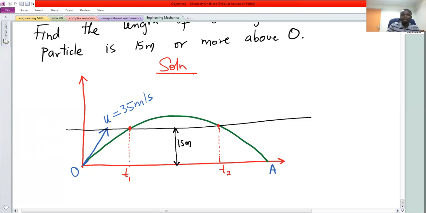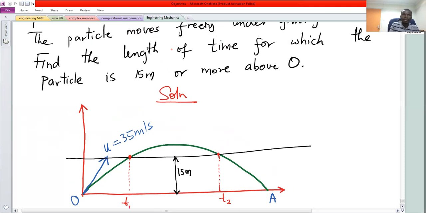To find the length of time for which the particle is 15 meters or more, this is the region. So that time would be simply given by T2 minus T1.